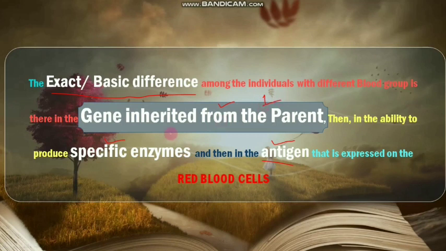If that is not there in the options, you have to choose specific enzymes. If that is not there, then only you have to choose the monosaccharide chain that is attached to the red blood cells, otherwise known as the antigen that is expressed on the red blood cells. So the basic difference is the gene, and the common expressible difference is in the form of the antigen that is attached.